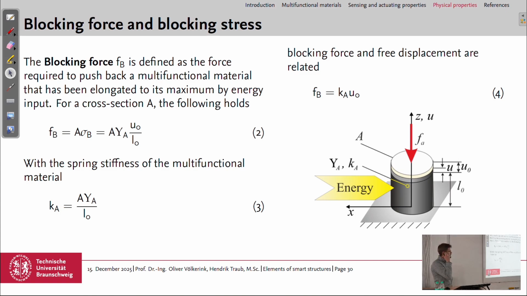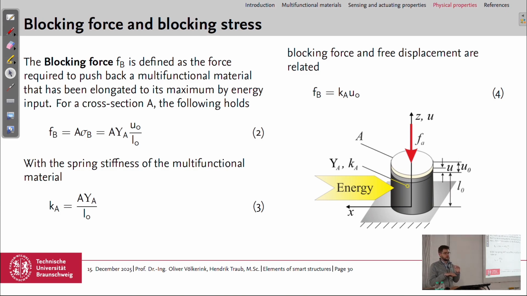Then our next quantity is the blocking force and the blocking stress. We define it as FB, the blocking force, and this is defined as the force you need to push back the multifunctional material to its original length L0.